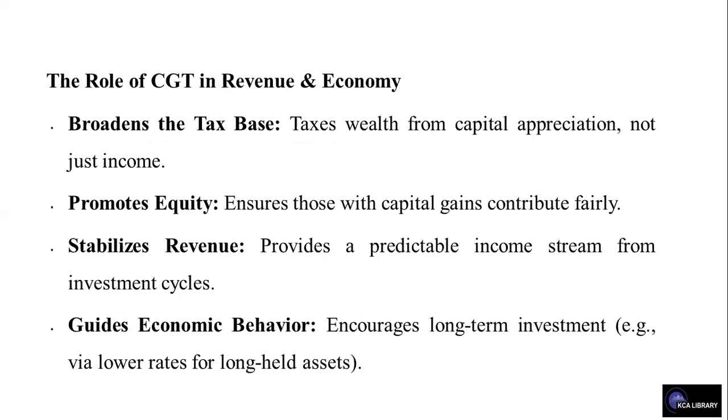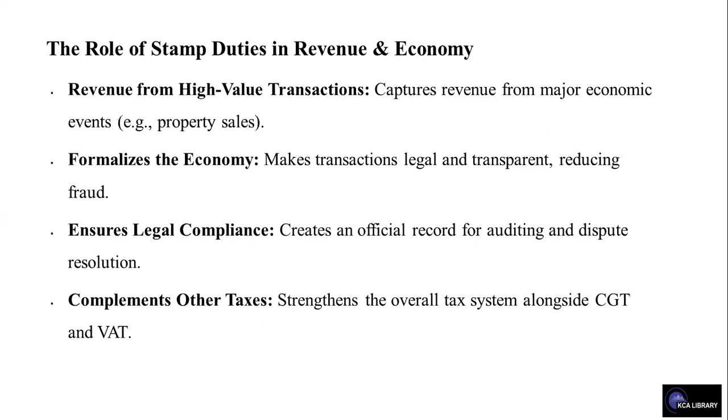The first is to broaden the tax base, and the second is to promote equity, that is ensuring those with capital gain contribute fairly. Another is to stabilize revenue, and lastly to guide economic behavior. And this means to encourage long-term investments.